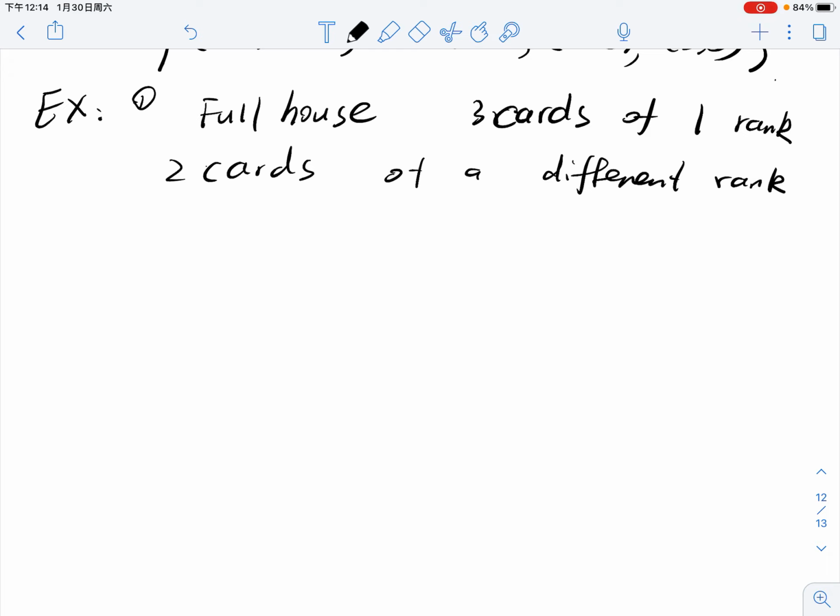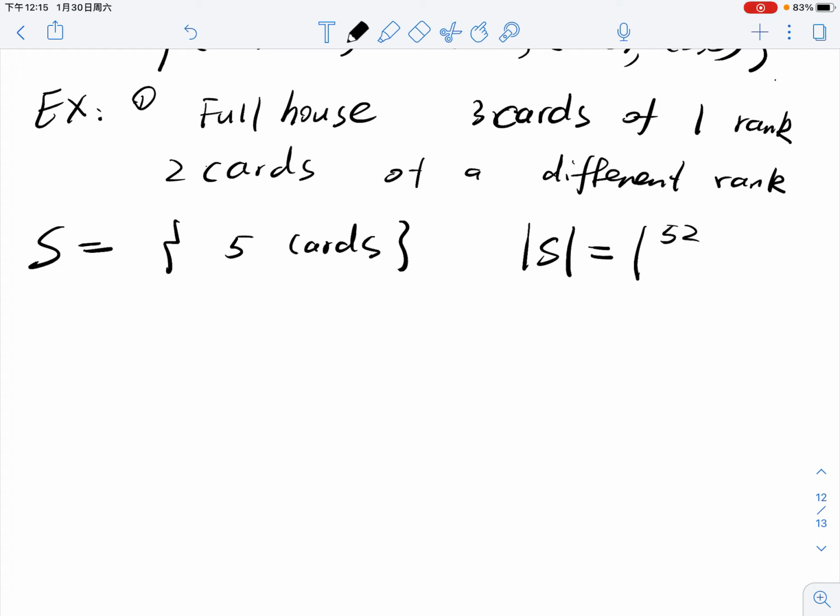Okay, then of course you want to know what is the probability of a full house occurring. So let S be the set of all 5 cards, and then the cardinality of S is 52 choose 5.